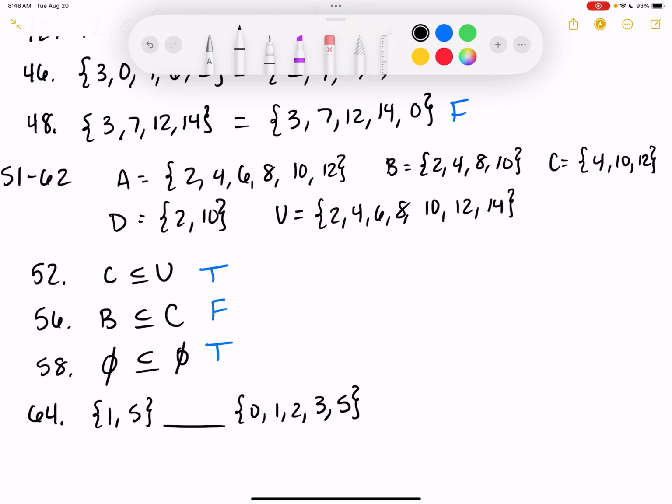And we want to know if the set 1, 5 is a subset of the set on the right. So would that be a subset? Yes, because 1 and 5 are in both. 1 and 5 are also in the set on the right. So that we would do as a subset.